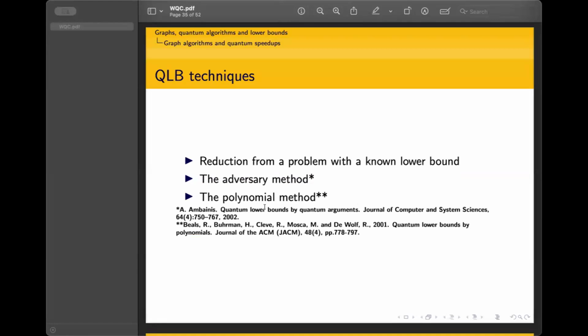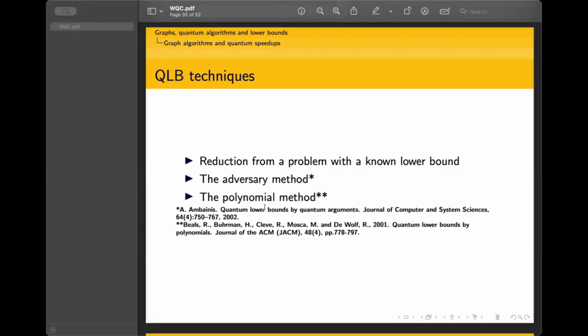As you can see, these are more than 20 years old, but they are still very good techniques, and they are very much in use in research currently. The generalized adversary method in particular is known to give optimal lower bounds. So if you prove a lower bound with the adversary method, it gives accurate results, such that no better lower bound exists.